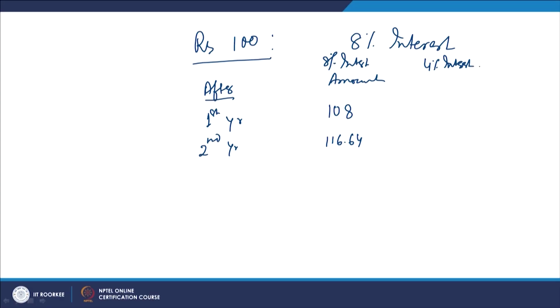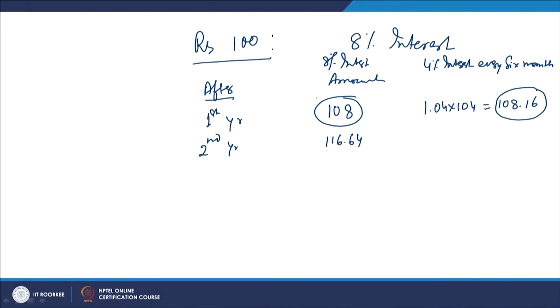So, if you are using 4% interest every 6 months, then after 6 months the 100 rupees will become 104, and after another 6 months it will be 1.04 into 104. So, basically it becomes 108.16.